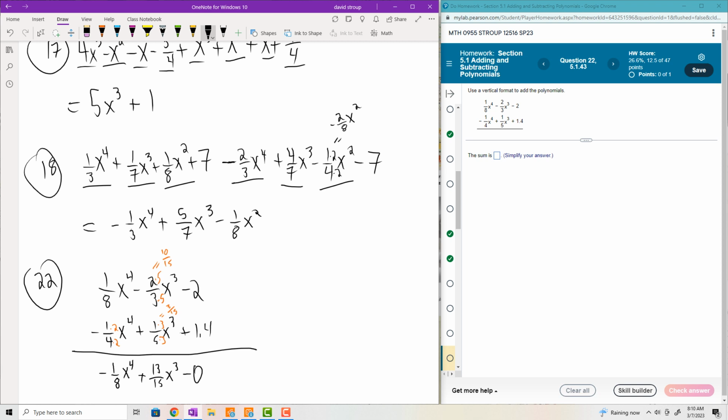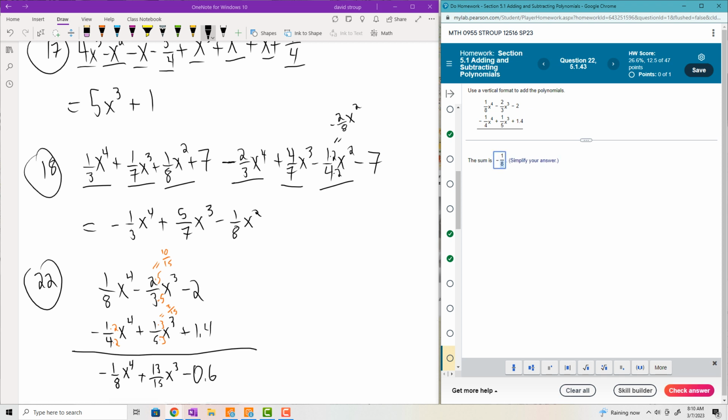And then minus 0.6. And that should do it for us. Negative 1/8 x to the 4th plus 13/15 x cubed minus 0.6.